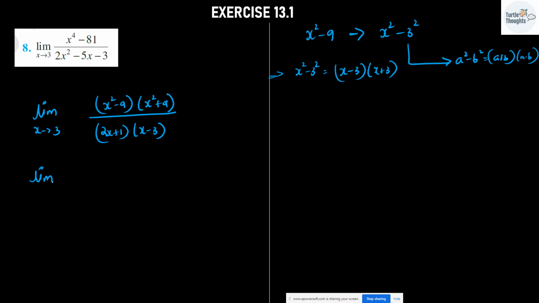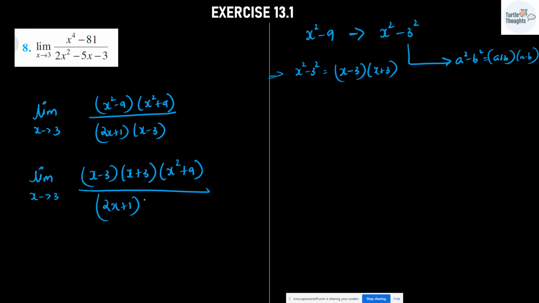Let me substitute the same thing. Limit of x tending to 3, x square minus 9 can be written as x minus 3 multiplied by x plus 3 multiplied by x square plus 9, divided by 2x plus 1 multiplied by x minus 3. Now I can cancel x minus 3 with x minus 3.